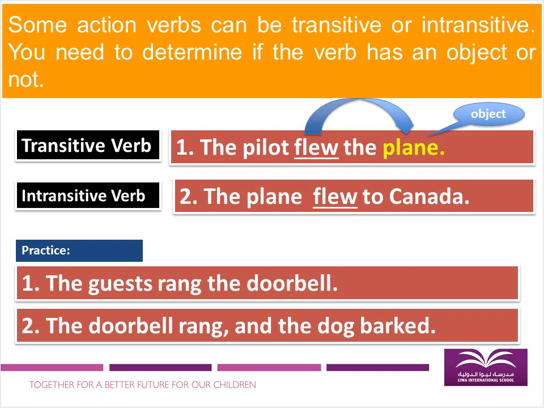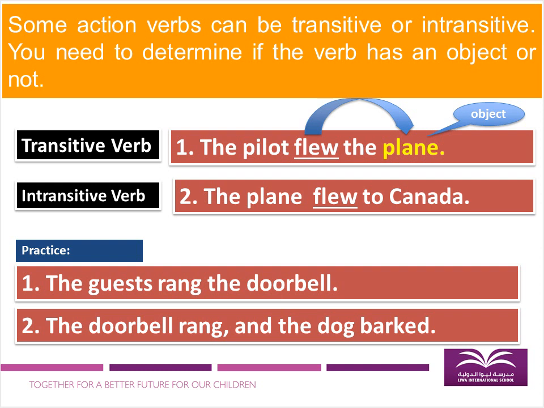So we have the answer of the question what here. The plane is our object. That is why this verb is an example of a transitive verb. Flew.